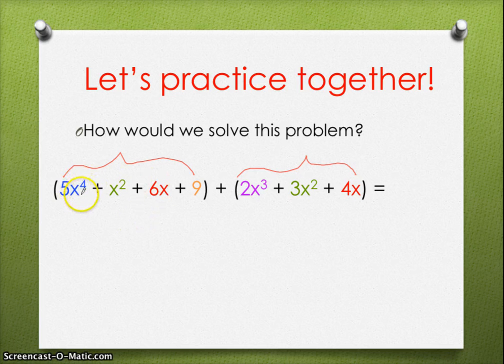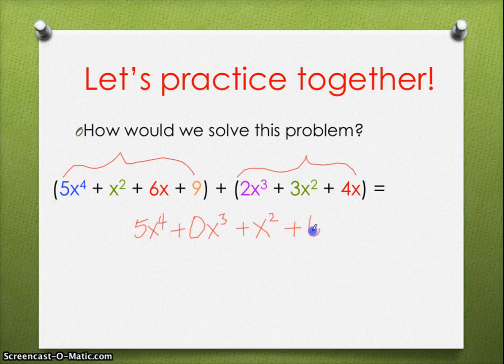I have x to the fourth, but I don't have x to the fourth in my second polynomial, so I'm just going to write 5x to the fourth again. I don't have any x cubed in my first, so I'm going to write 0 x cubed. Then I have an x squared, then an x, and then my constant.